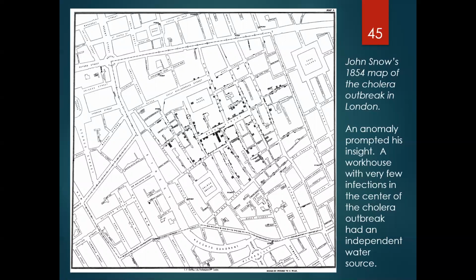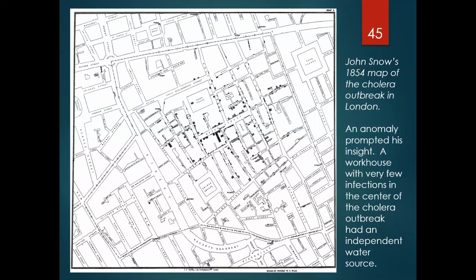This pattern is weird because this house is very close to the area with a lot of cases. And back then, before this map, people thought that bad air, called miasma, was the source of cholera, and that cholera spreads through air.